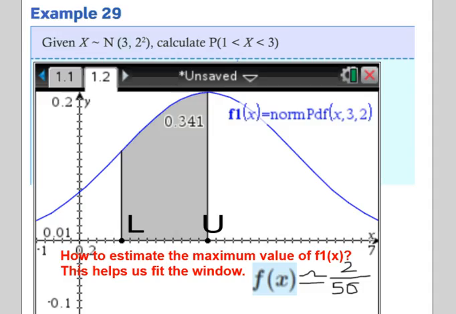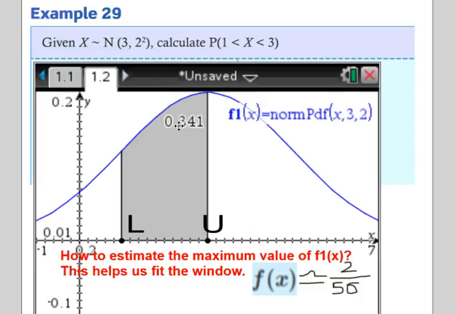And we can see that in action here. So given this distribution, what is this probability? You can see straight away, since the mean is 3, and this is to the left of the mean, but not the entire domain, which goes down to negative infinity, this has to be less than 0.5.